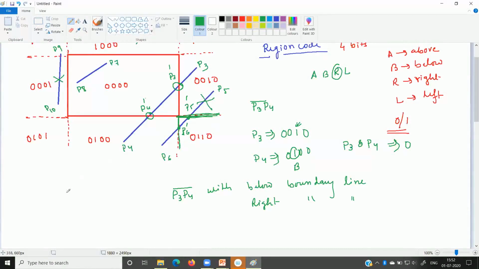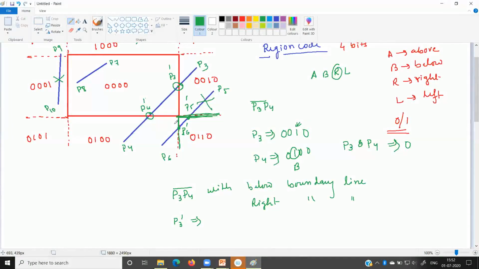Now find out the region code for P3 dashed. This point is on the right boundary of the clip window, so the R bit will be 1.